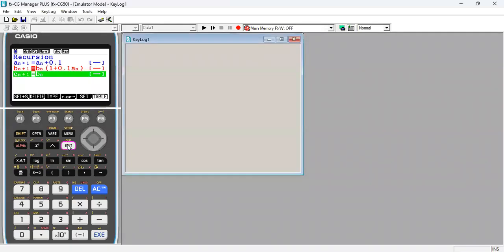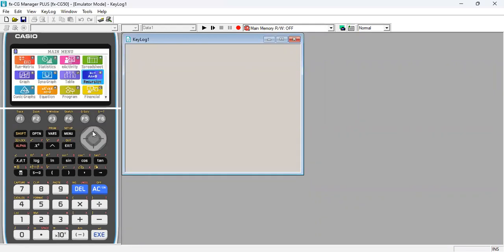So I will use this calculator here. This one is the graph.